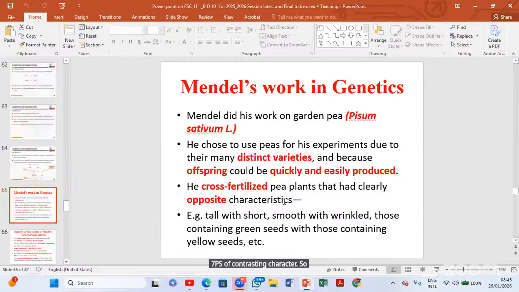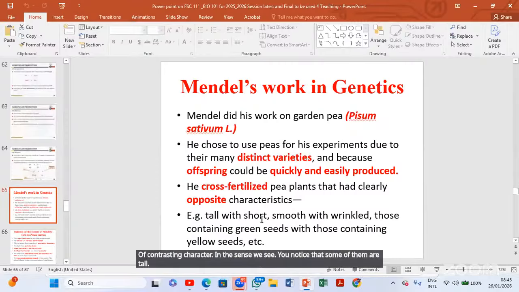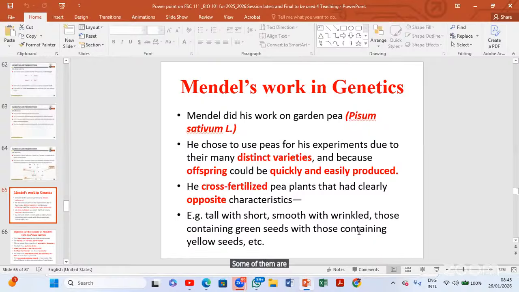So Mendel noticed in this garden pea 7 pairs of contrasting characters in the same species. He noticed that some of them are tall and some are dwarf. Some produce smooth seeds, while some produce wrinkled seeds. So he noticed about 7 of those.